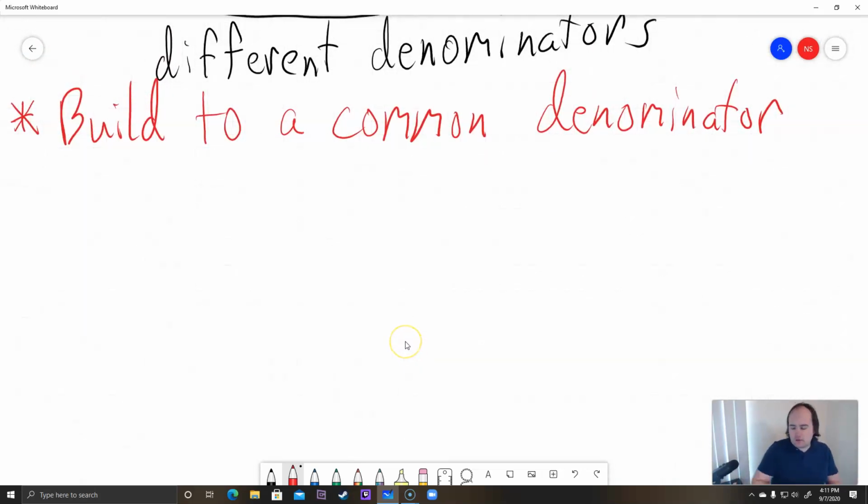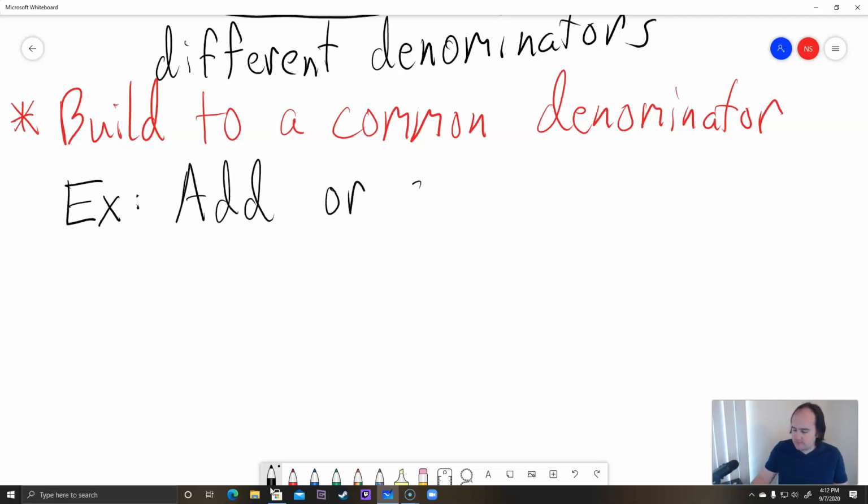Alright, so let's see an example of this. Okay, so example. Instructions are add or subtract.